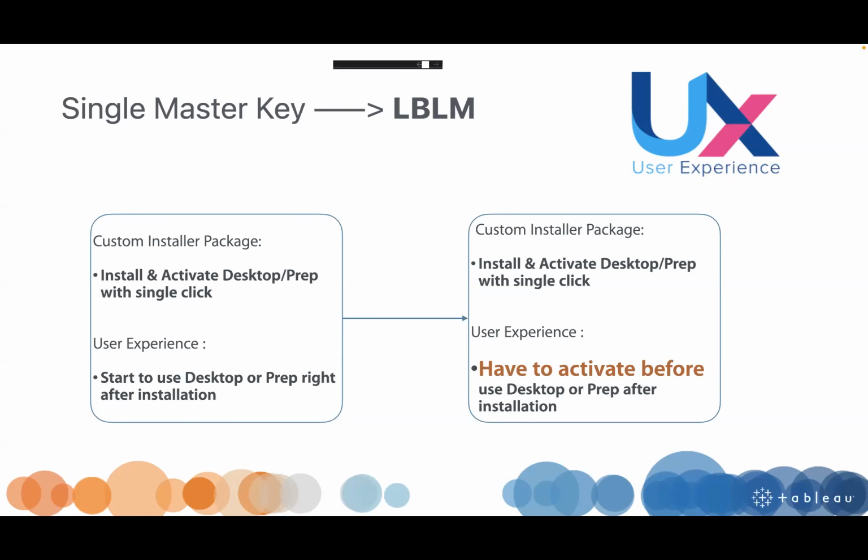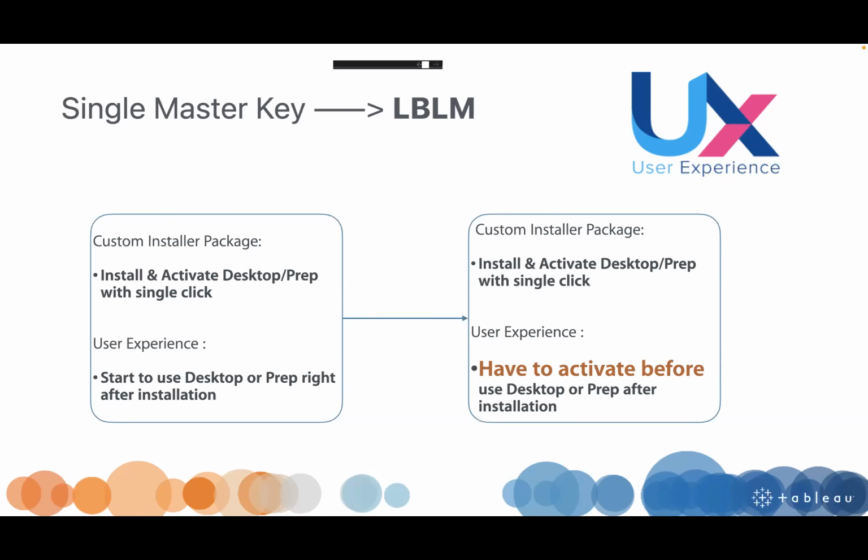This has been the experience for the last couple of years. Now with LBLM, after installation, I cannot activate the desktop or prep license anymore. They will have to click the desktop or prep license option and then log on to the server from Tableau desktop or prep, then give their single sign-on username and password.